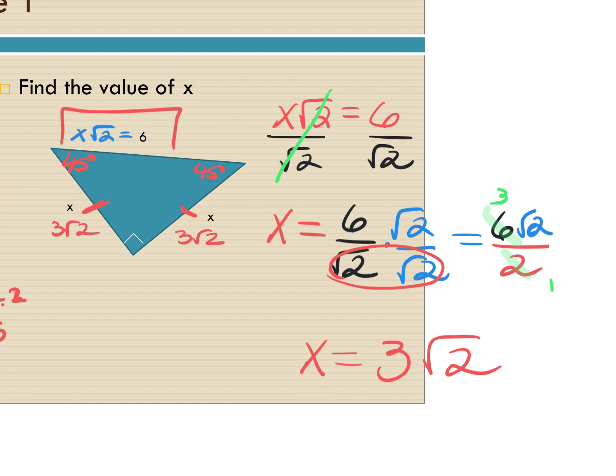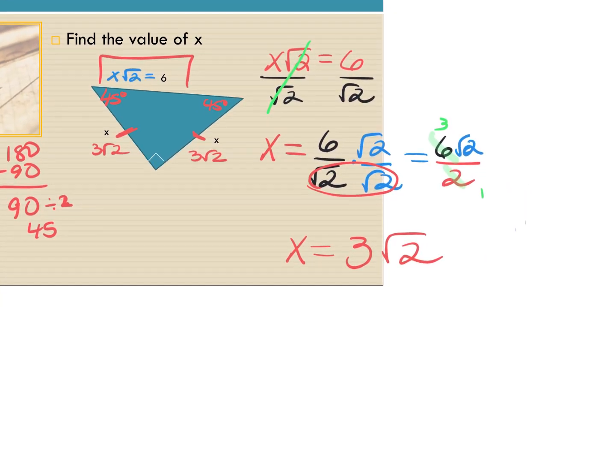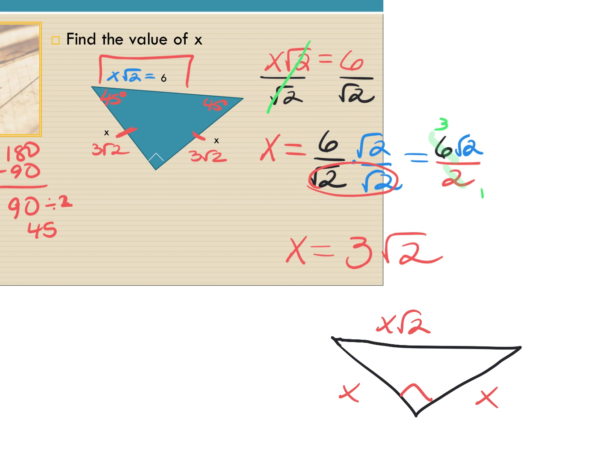So let me work with it the other way, giving you the leg instead of the hypotenuse. So let me just add an example here. I'm just going to redraw the same picture. Add in the right angle. And again, put x, x, and then this is x square root 2. But this time, I'm going to tell you that x is equal to 3 square root 2.